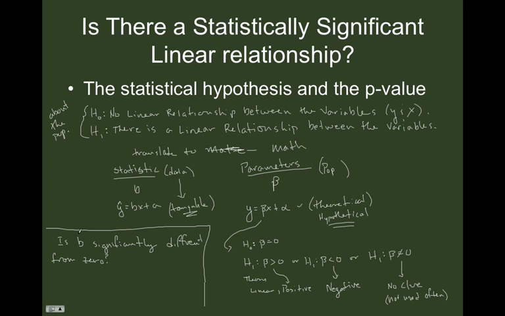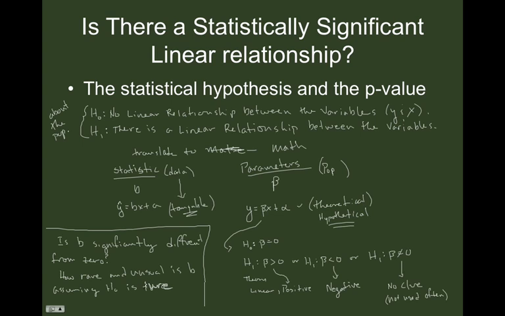So the question is going to be, in a different way, we could say how rare and unusual is B, that's coming from the data, assuming H naught is true.